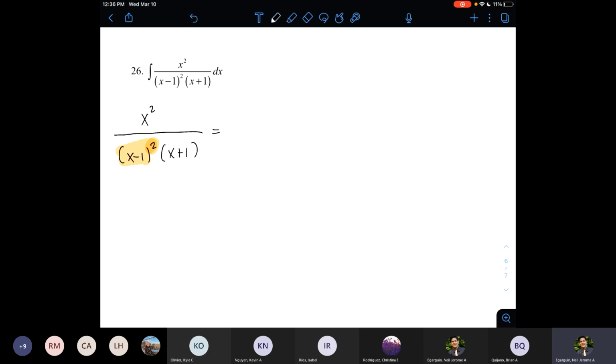Since it is repeated twice, it will get two little fractions under its name, okay? The first little fraction will have x minus 1. The second will have (x minus 1) squared. This is what I tried to explain later with the use of capital M. If it is repeated m times, then you will have m little fractions with denominators each a power of x minus 1.